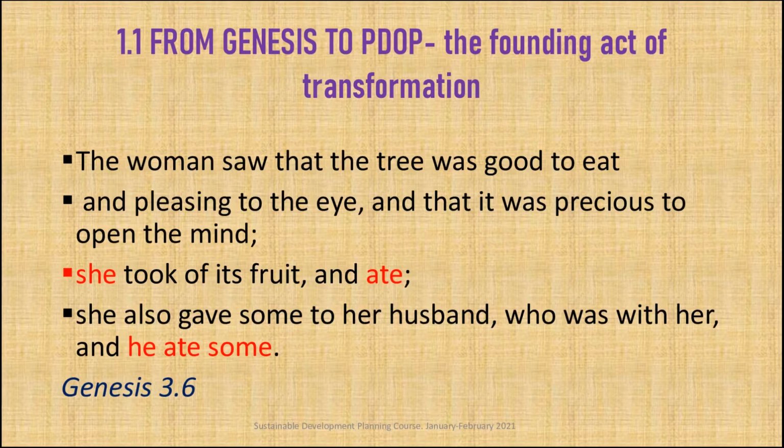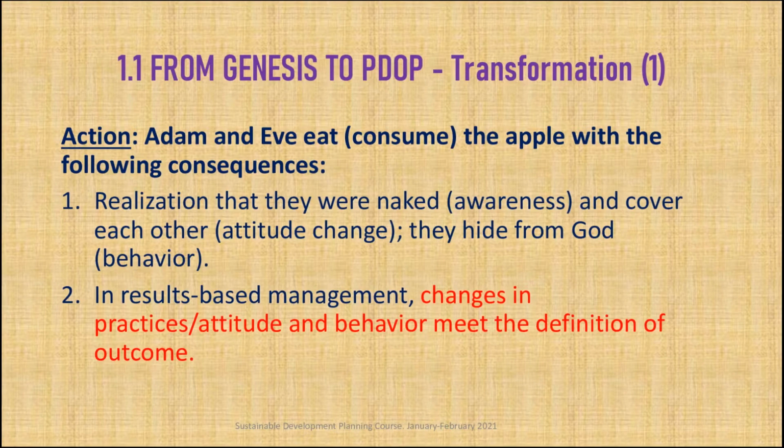She also gave some to her husband, who was with her, and he ate some. So the action here is that Adam and Eve ate, they consumed the apple, with the following consequences.